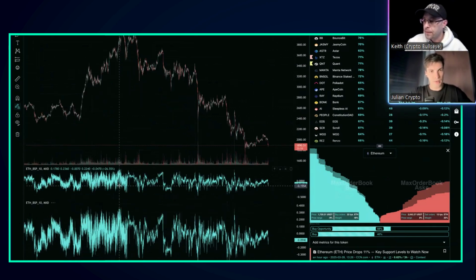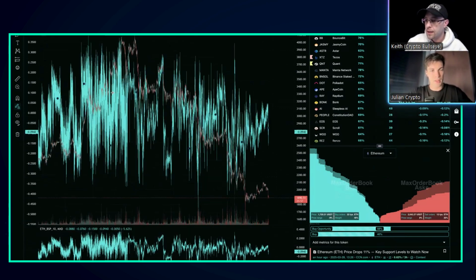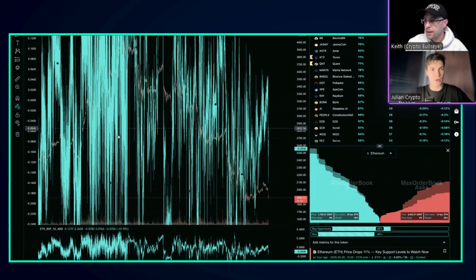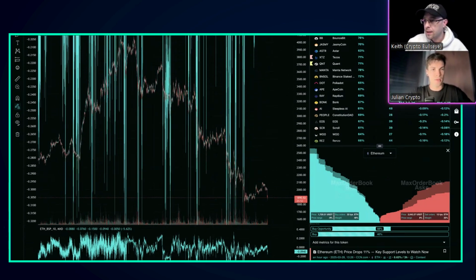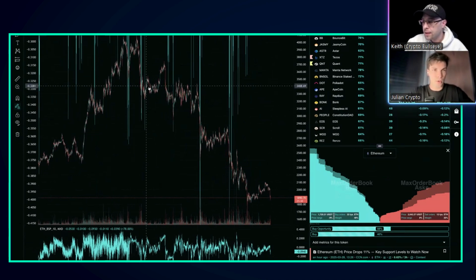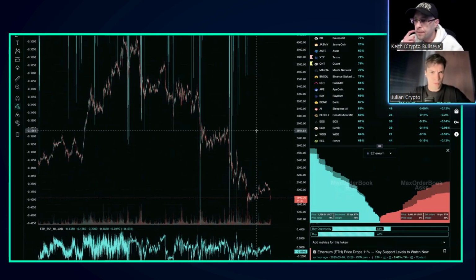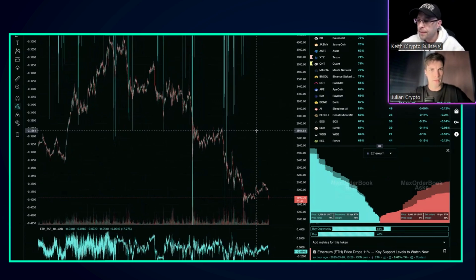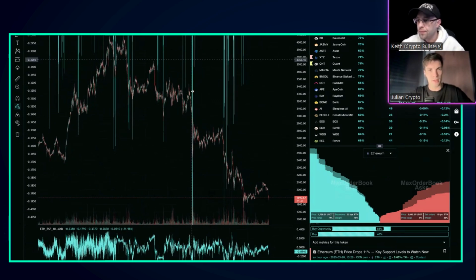So if we copy that metric and look at the points when this metric was at the lowest, of course, it was showing most of the time probably good moments to buy, better moments to buy than to sell.